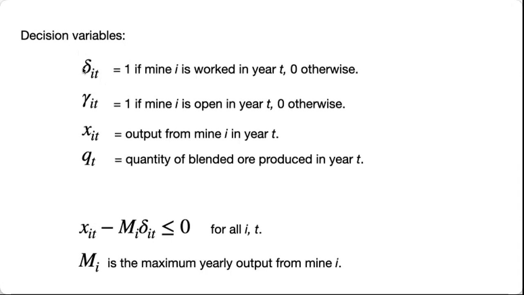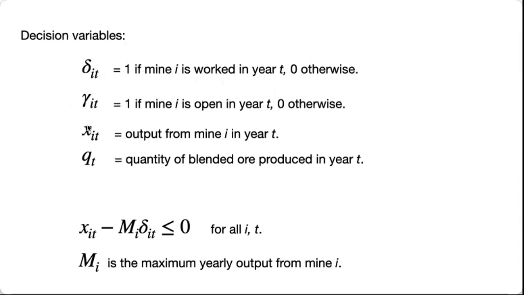So we have a matrix of delta IT, and delta IT becomes 1 if mine I is worked in year T, or it can be 0 if we don't work on that mine in that year. And for gamma, we have gamma IT. Gamma IT is 1 if mine I is open in year T. Then we have XIT.